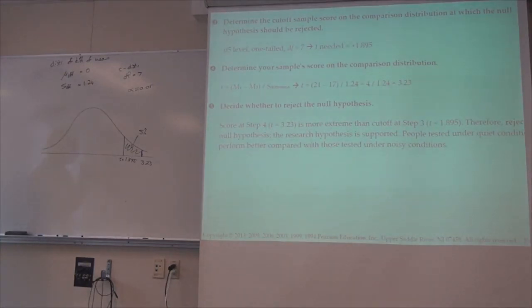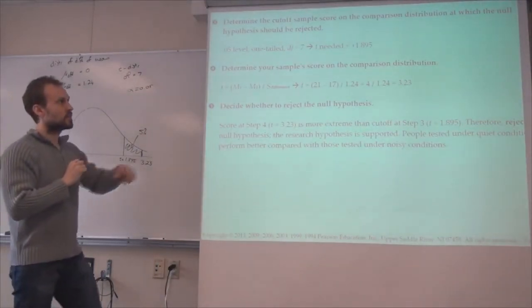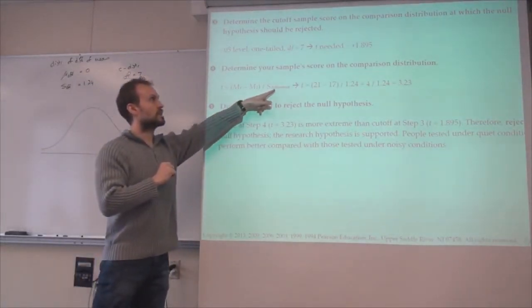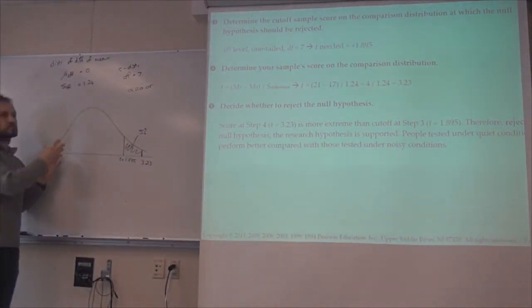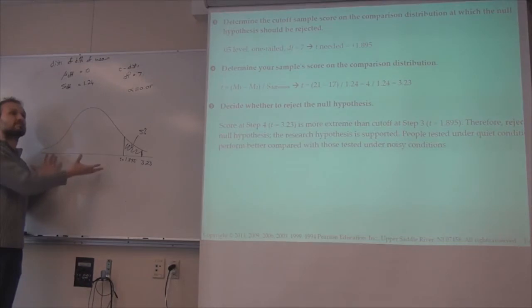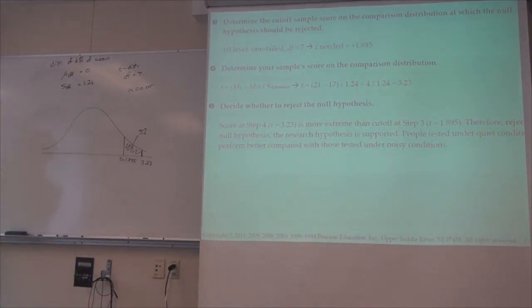So focus on the similarities, and there's really only one difference between what we've seen before and this, and it's only in estimating the variance or standard deviation for my comparison distribution. Because my situation is a little different, more complicated, you might say.